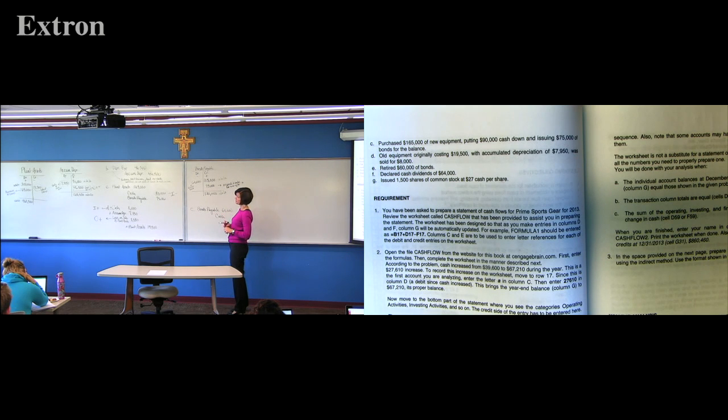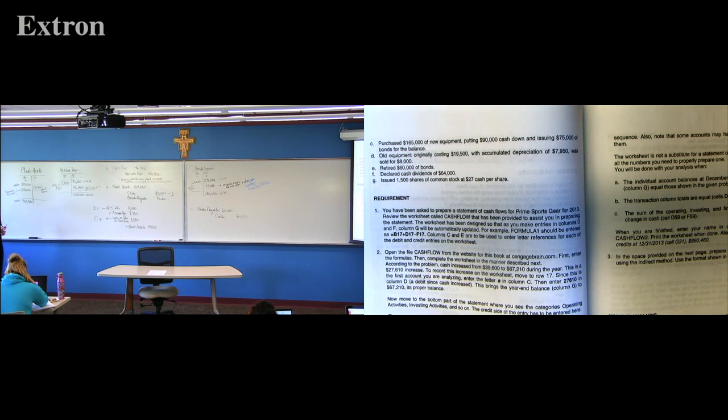So eventually it's going to affect your cash, just not right now. This is one of those things that's going to go into our non-cash investing and financing activities section. This is called a non-cash investing and financing activity. We're going to have to talk about it a little later.